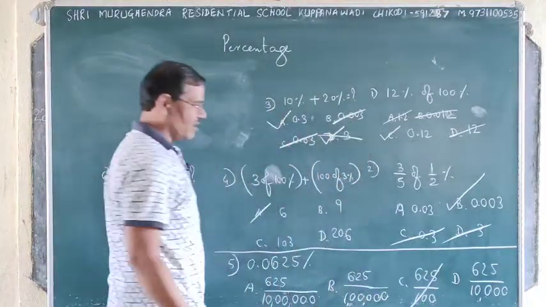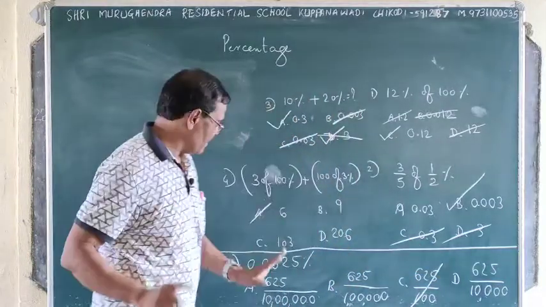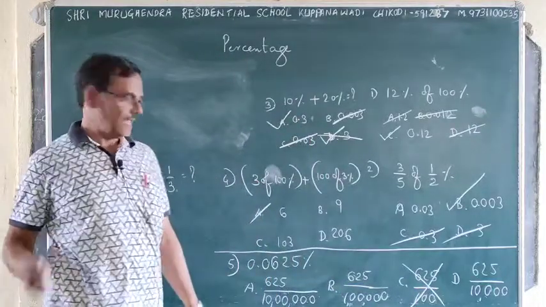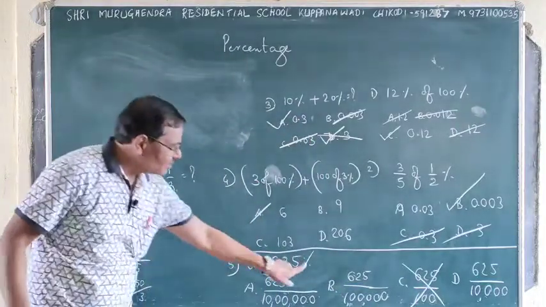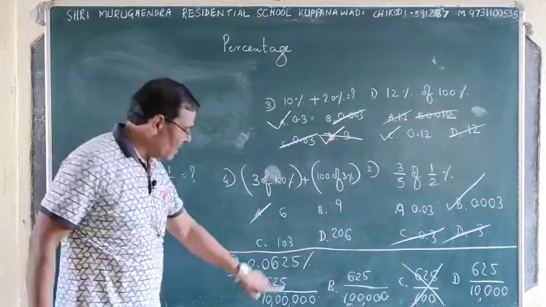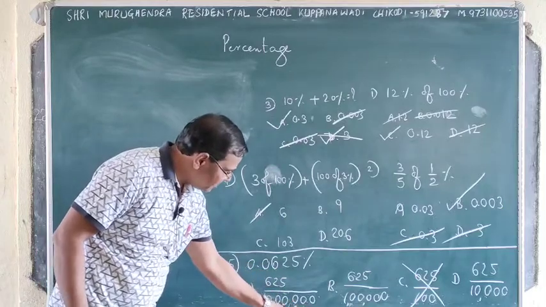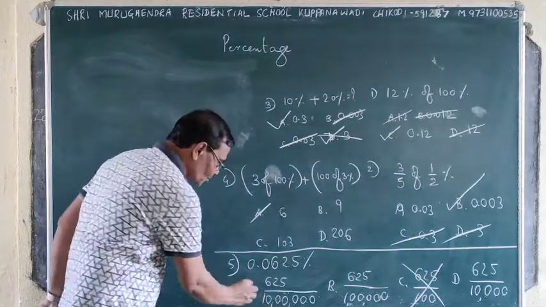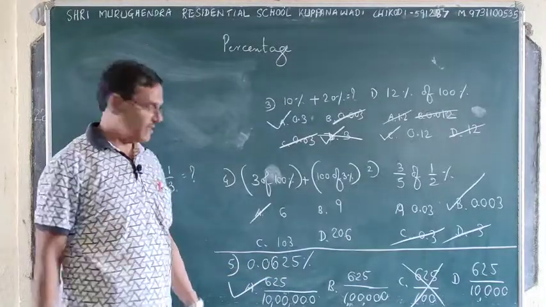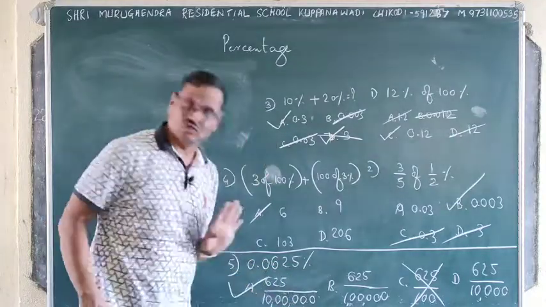Then 3 answers remained. C is not our answer. Then because of percentage, another 2 places. So in total 1, 2, 3, 4, 5, 6. So A is our answer. In total 6 zeros are required: because of this fraction 4 zeros, because of percentage 2 zeros.